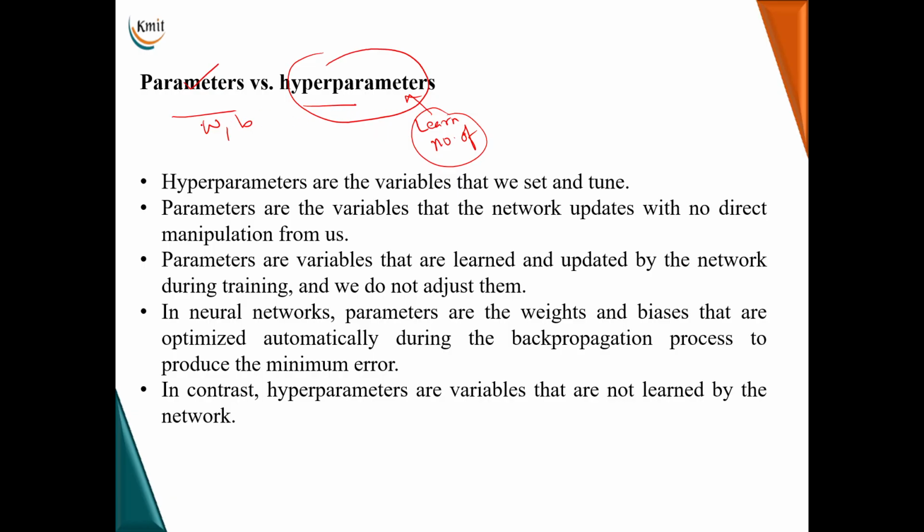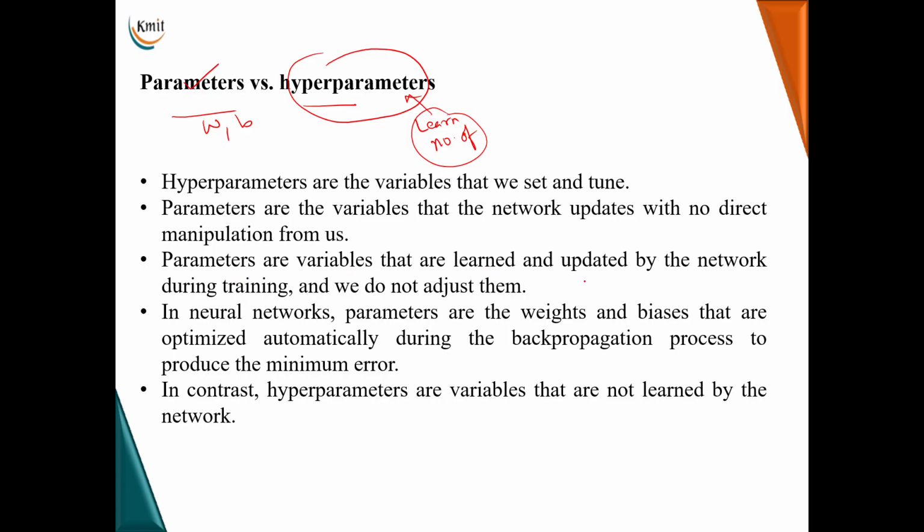All these can be considered as examples of hyperparameters. Though both are variables, parameters are updated by the network itself, and hyperparameters are the variables that are set by a data scientist. Hyperparameters are the variables that we set and tune. Parameters are the variables that the network updates with no direct manipulation from us.